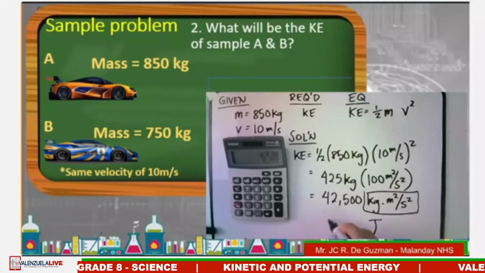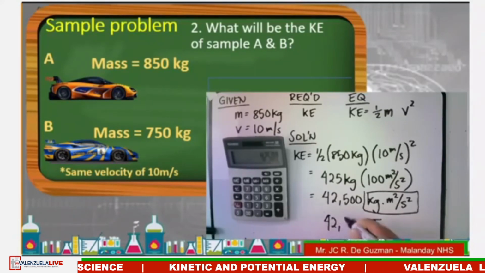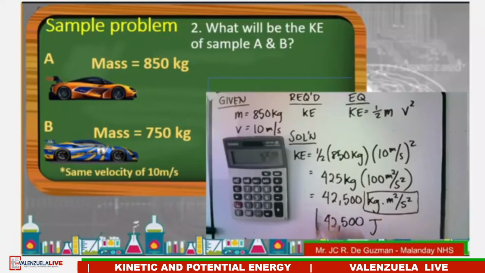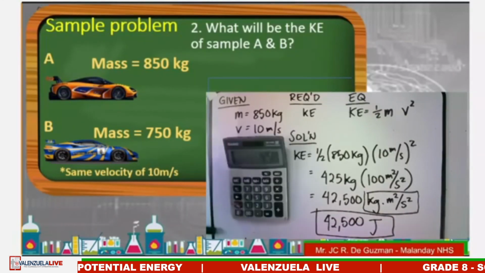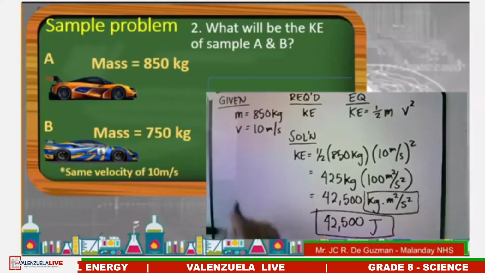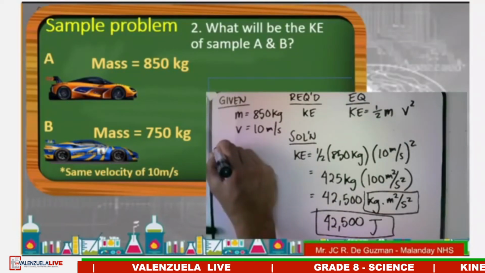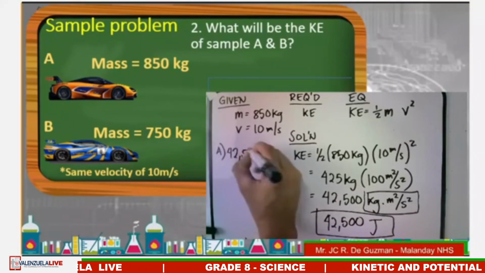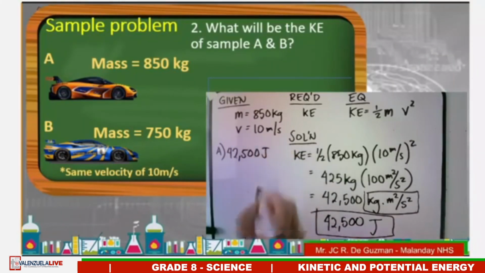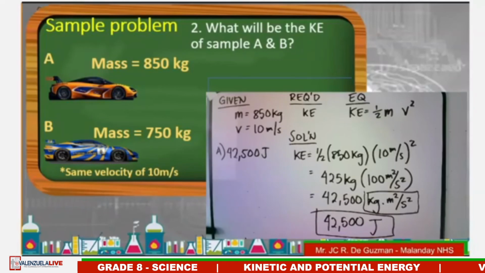So for our final answer, 42,500 joules as our kinetic energy. Now let us write the answer here. So for the first car, we have 42,500 joules. Now let us try to solve for the second part.